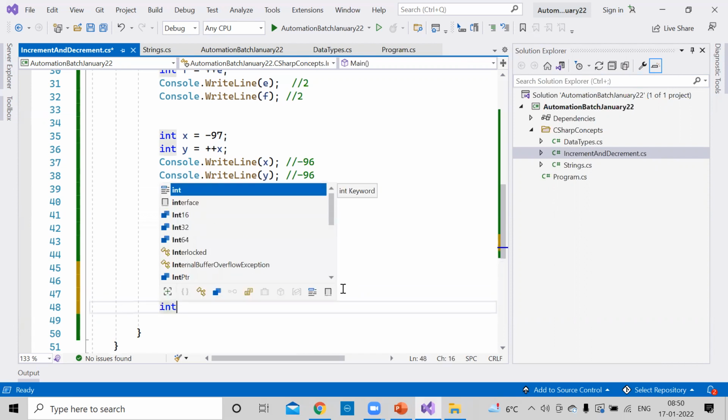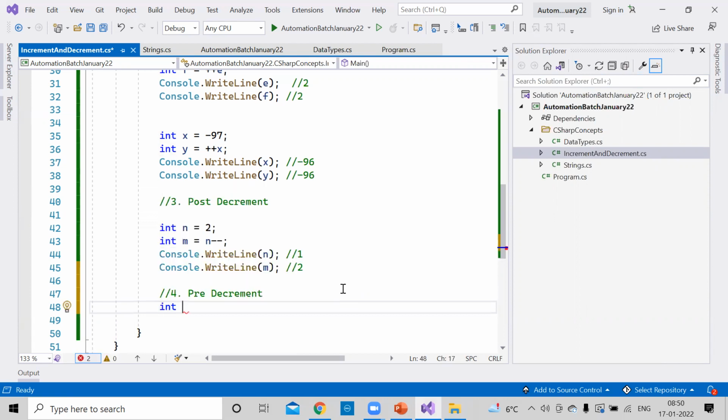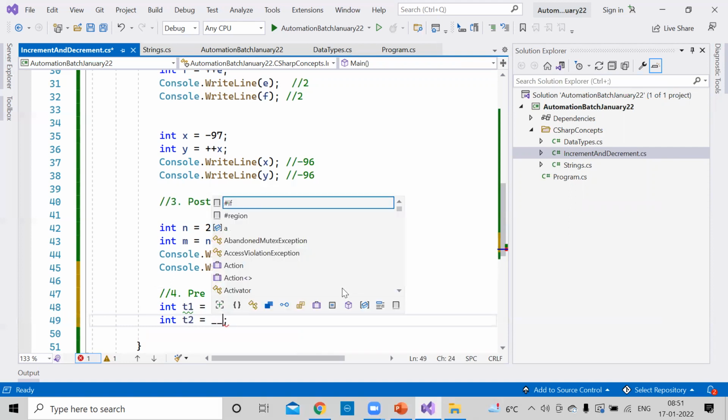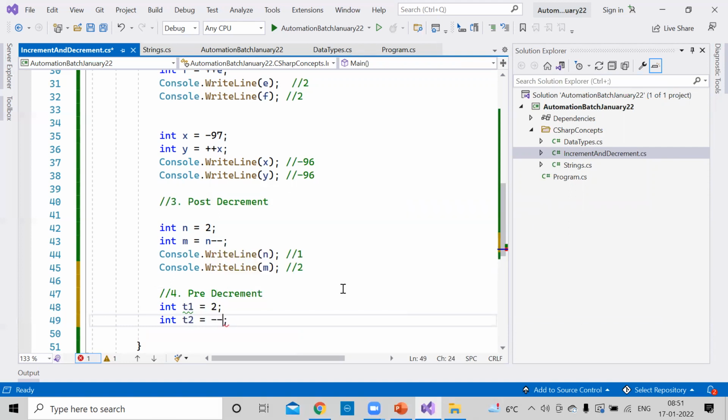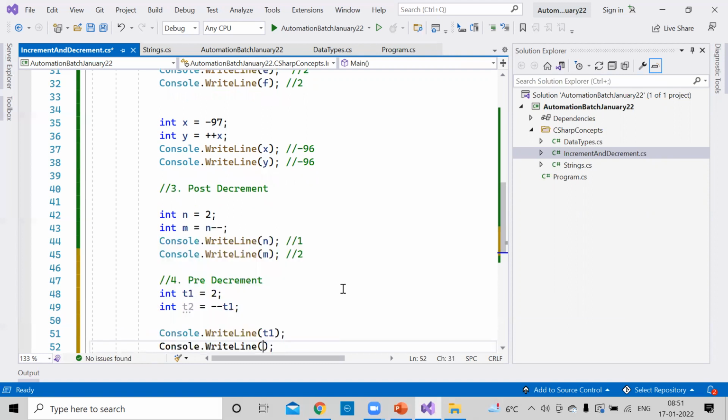Let's say we have one more integer called t1 is equal to 2, and integer t2 is equal to, this time we are using pre, means first minus minus t1. Let us print the output, t1 and t2.